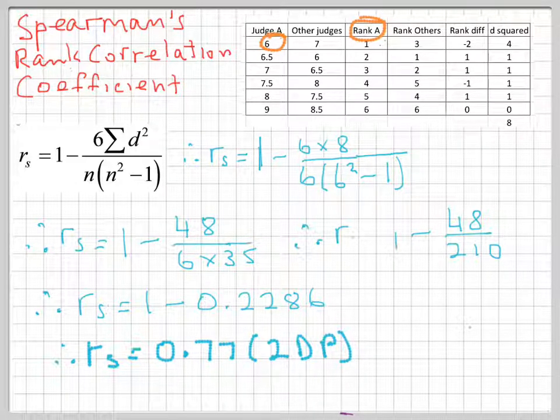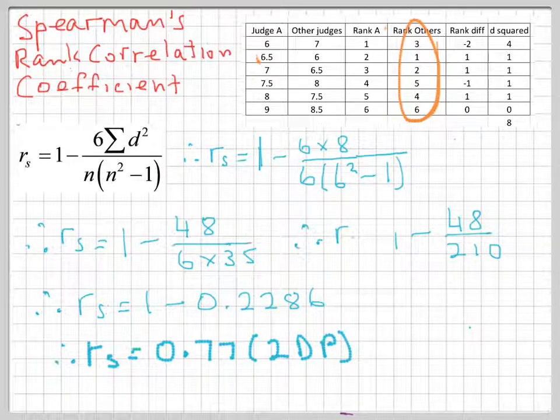The second lowest score was 6.5, and it gets a rank of 2, etc. So you can see that the highest score allocated by Judge A was 9, so it gets a ranking of 6. And we do the same thing for the scores allocated by the other judges, and you can see how I've done that in the rank others column. The lowest score was 6, and so that gets a ranking of 1.